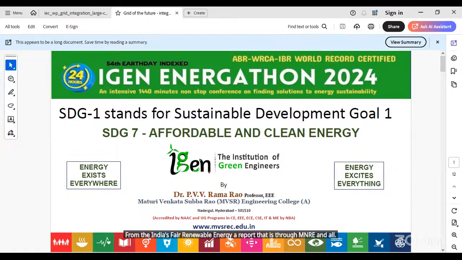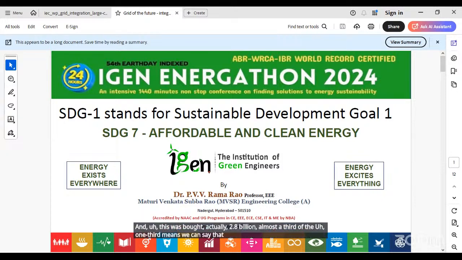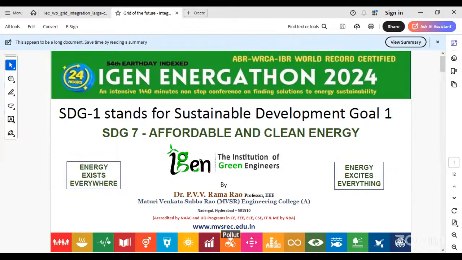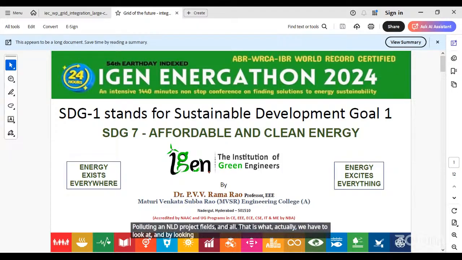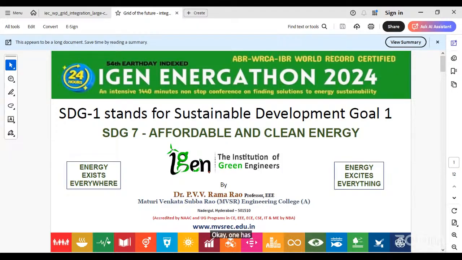Almost 2.8 billion people, almost a third of the world's population, still rely on polluting and unhealthy fossil fuels. That is what we have to look at, and by looking at these facts, one has to set the goals and targets as per the UNDP, that is the SDGs.